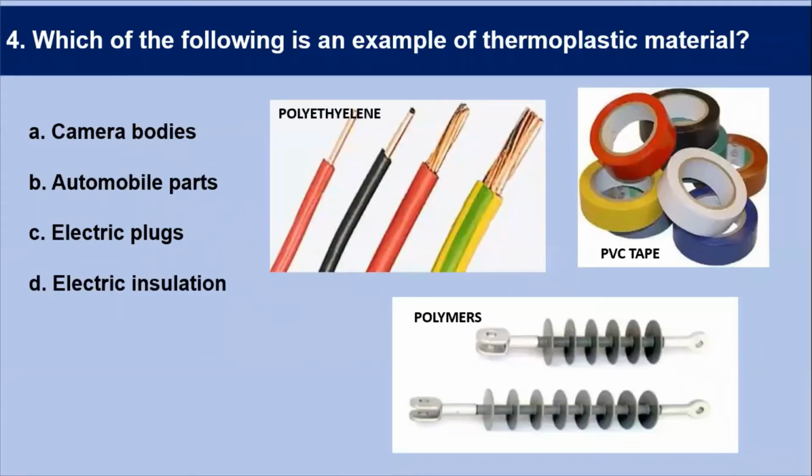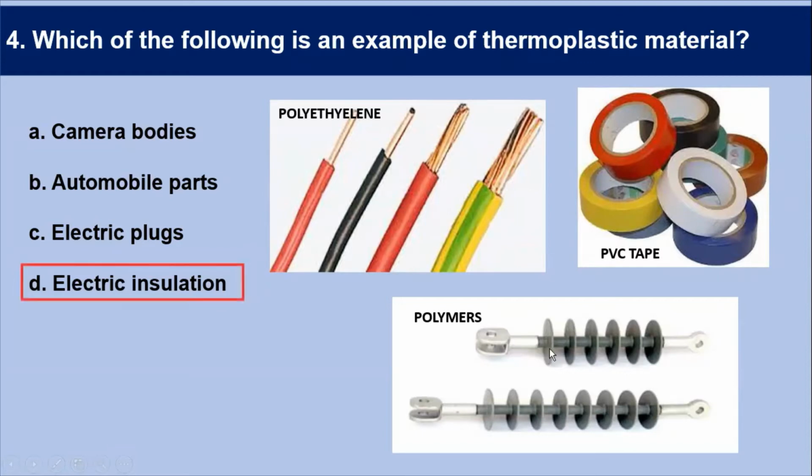Next question, which of the following is an example of thermoplastic material? Now here our answer is electrical insulation. I have shown a few diagrams here. Electrical insulation is an example of thermoplastic material, in which electric wires may be insulated with polyethylene. Even PVC tapes are widely used to insulate electric wires.